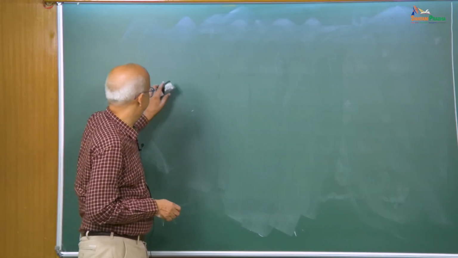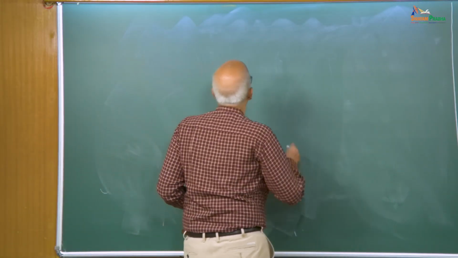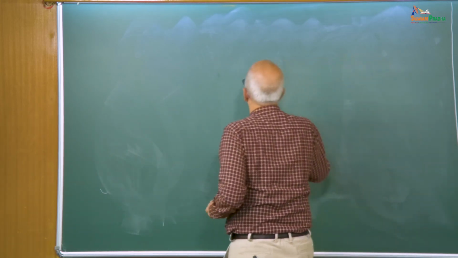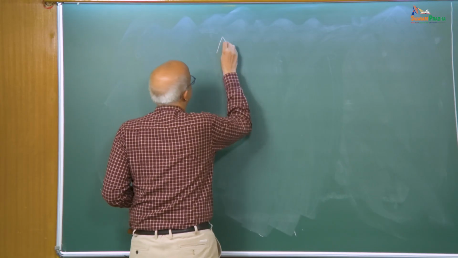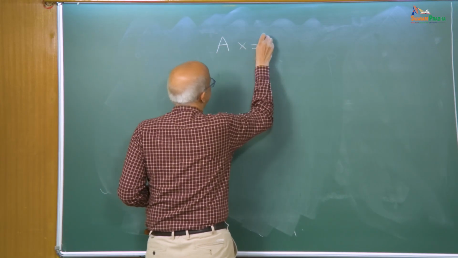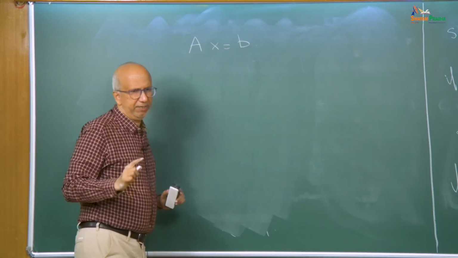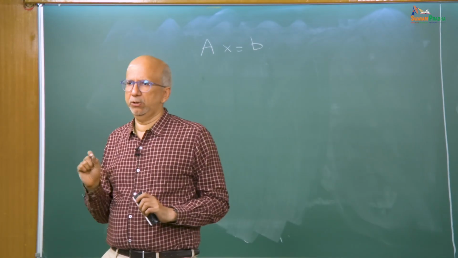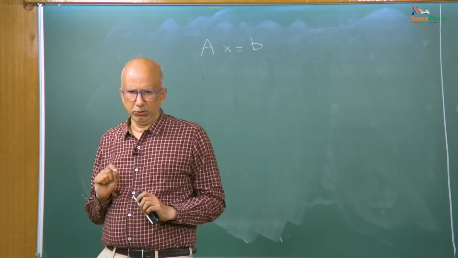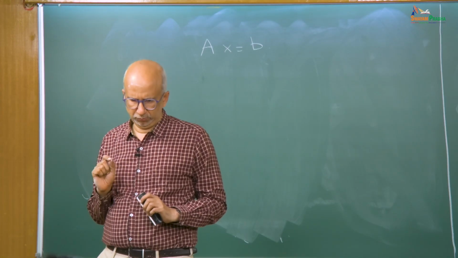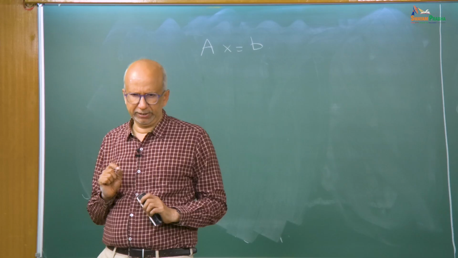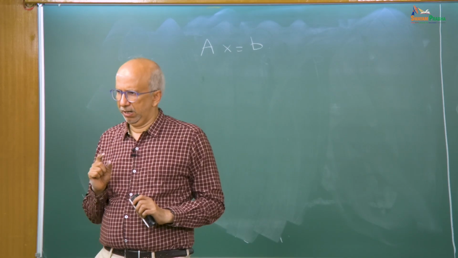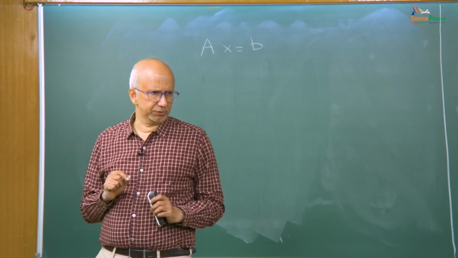Now, I am going to work out the problem where Ax equals B. Yesterday we did the problem where A was equal to A transpose, so we did not have to worry about the eigenvalues and eigenvectors for A transpose. Now I am going to look at a problem where A is not equal to A transpose.